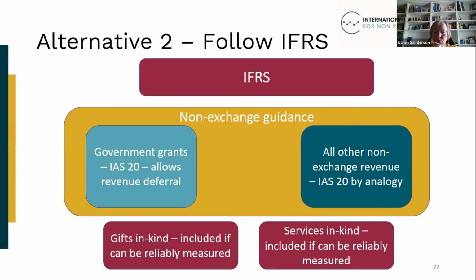As with alternative 1, in applying these principles, NPOs would be required to recognise revenue from services in kind and gifts in kind where they can be reliably measured. Again, no exemptions under this alternative, and NPOs would need to maintain records to support their approach. And as with alternative 1, there would be guidance attached to this.